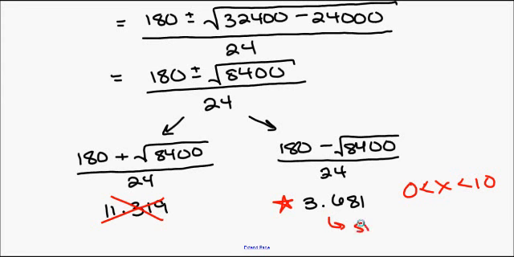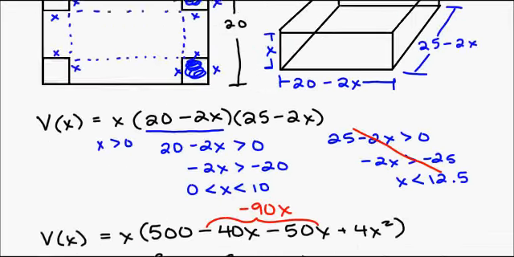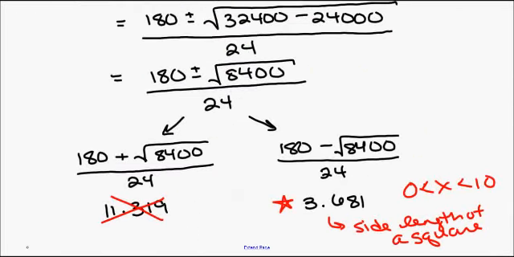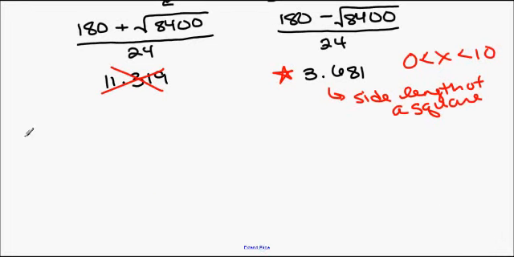So this is the side length of a square that I'm going to cut out for the edge, which is from back up here. So you see x is the side length of the square. But I don't just want the side length of the square, I also want to know the volume. So I'm going to plug this into the volume formula.